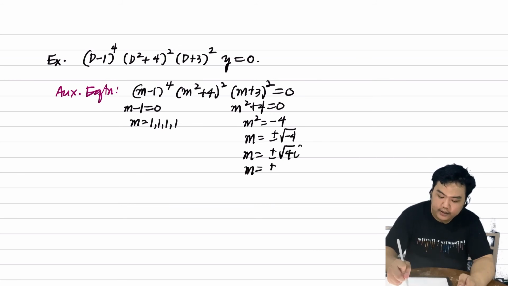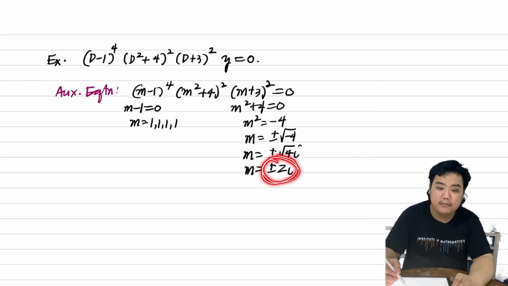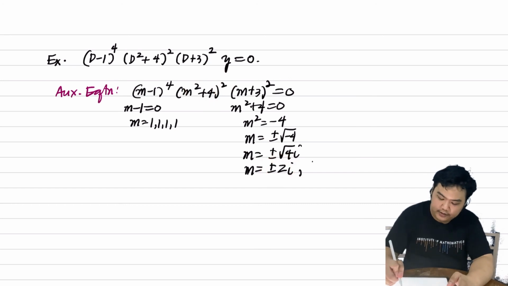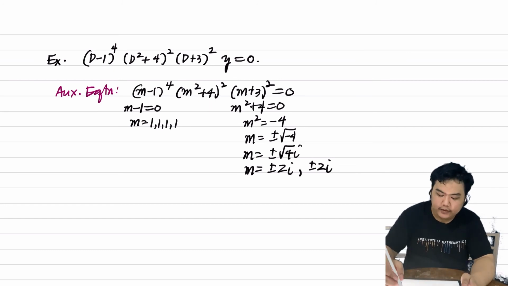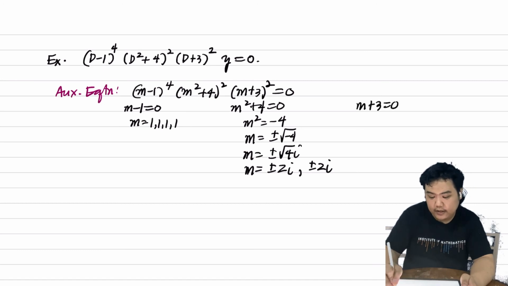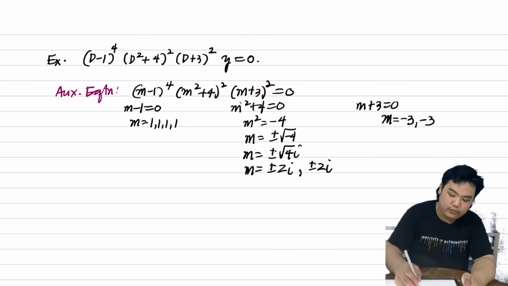M is equal to plus minus 2i. Pero ang exponent ni itong factor na to ay 2. So, dalawang beses dapat lalabas tong plus minus 2i. So, dalawang 2i, dalawang negative 2i. And then, for the last one, m plus 3 equal to 0. So, m equal to negative 3, but twice siyang lalabas because the exponent is 2.